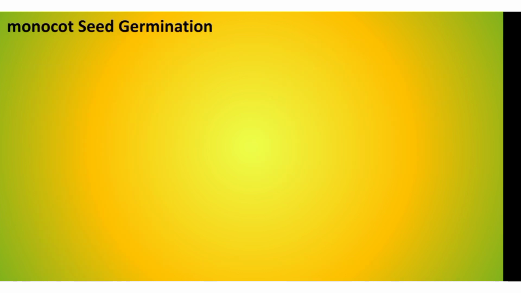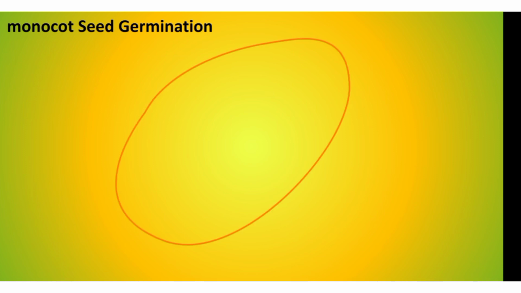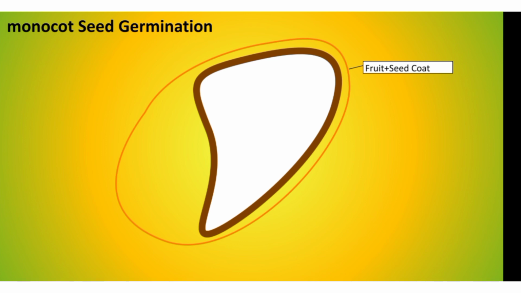For the monocot seed germination, we have here like coconut, for example. But then there are other monocot seed germinations, mostly in vegetables, and some in fruits. So the fruit plus seed coat.